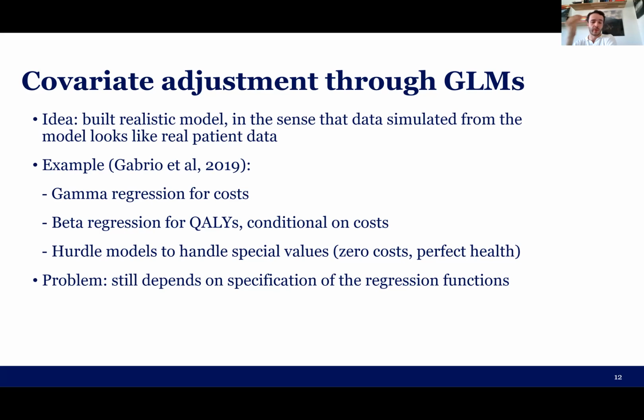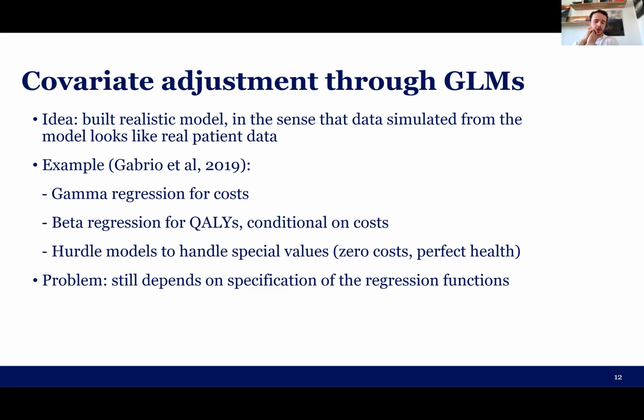The qualies are beta distributed, conditional on the costs, which simply means that the costs are included in the regression function for the qualies. And then they also include hurdle models to handle certain special values. For example, if costs are 0, that cannot be modeled by a gamma distribution, so you include an extra component in the model to account for that.